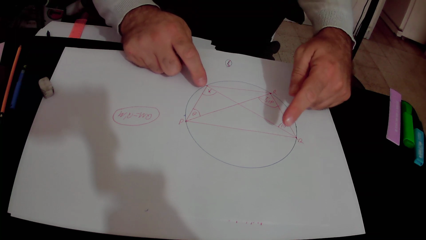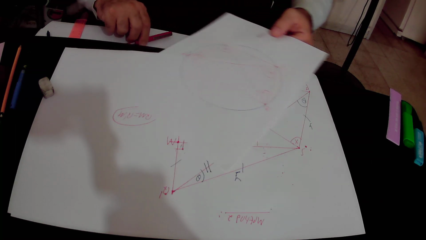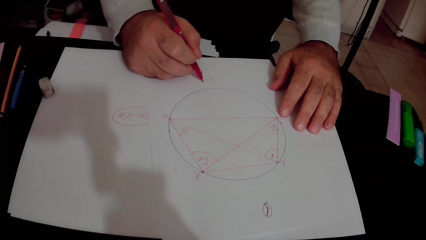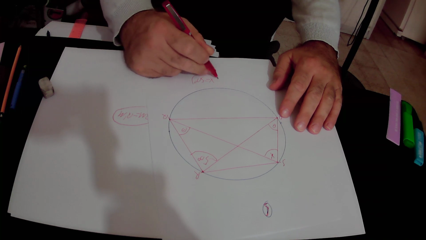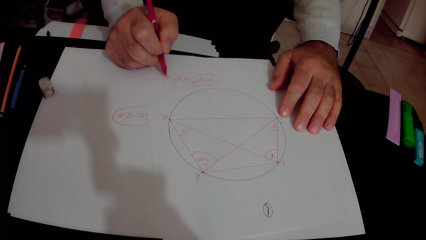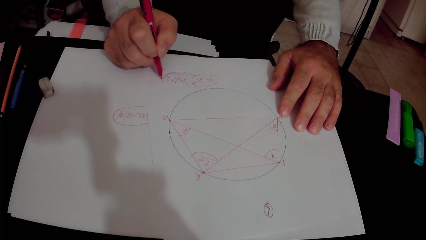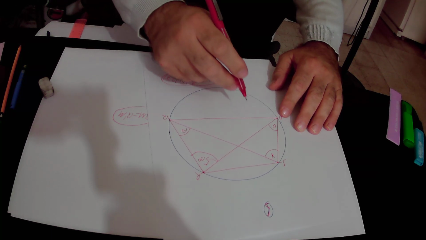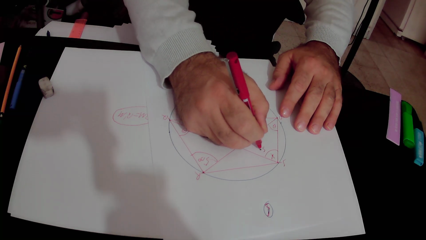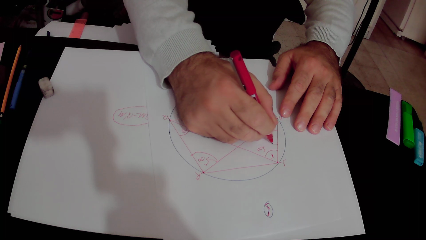That is to say, X equals 50 degrees according to rule number 2. So we actually proved that angle X equals 50 degrees according to the second method.